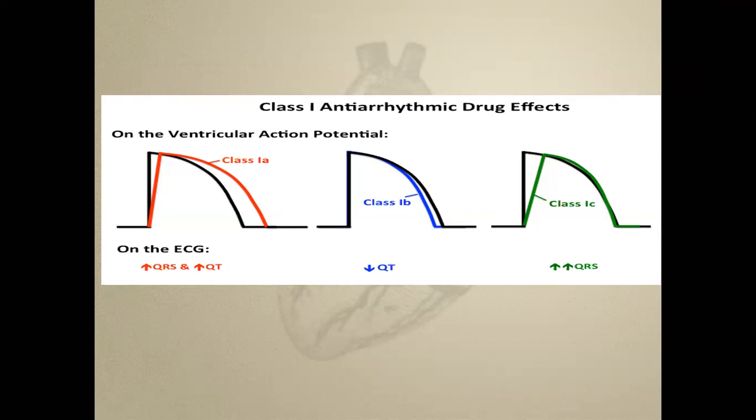First B class leads to a shortened effective refractory period and a shortened QT interval. And first C class has no effect on the duration of action potential or effective refractory period, and as a result on the ECG there will be a very long QRS interval.